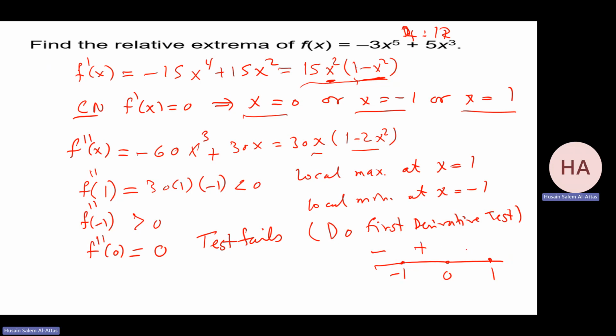It will be positive. That is still positive. This will be negative. So at 0, neither local min nor local max. Relative or local, since I'm using the word local. I cannot conclude from the second derivative test. I can conclude only from the first derivative test.